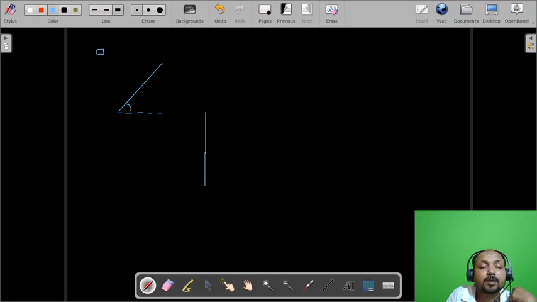Let's say this is 60 degree. So let us find out the net deviation. So the net deviation can be given the same way, by tracing the ray diagram.